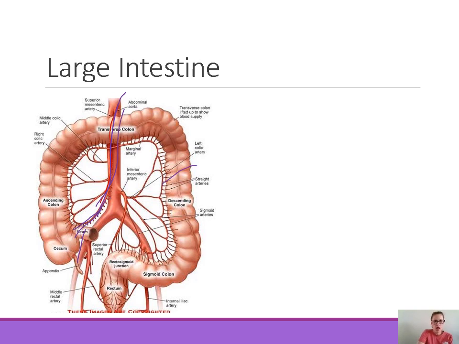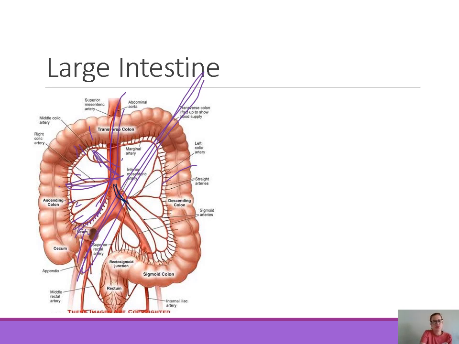You have your right colic artery, your middle colic artery. And then the straight arteries are the little tiny ones that actually go to the colon, but you just need to know the big branches. And then remember right here, that's our transition point, and the other branches are coming from the inferior mesenteric artery.